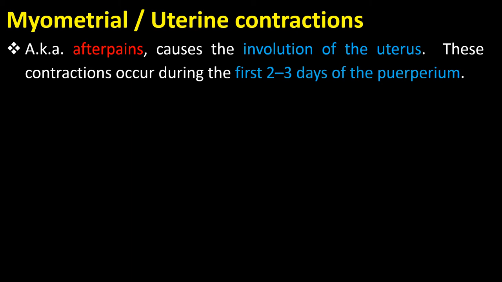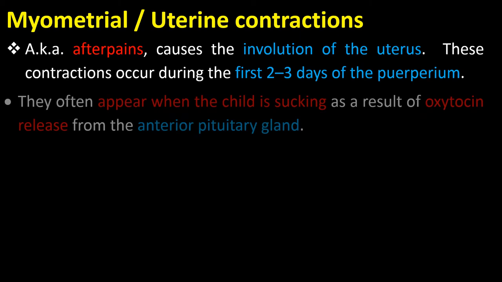These contractions occur during the first 2 to 3 days of puerperium. Always remember that these uterine contractions will be more frequent and will become stronger if the patient is feeding her child. Why?